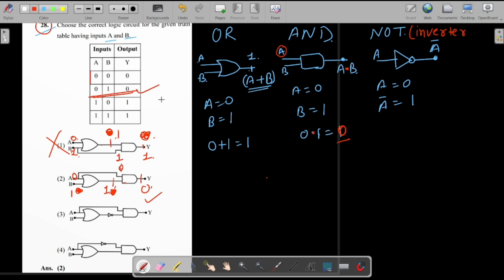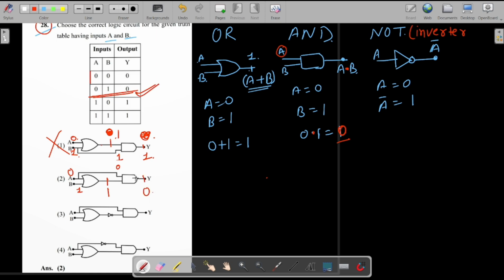Yes, it gives 0. Next row, A is 0 and B is 1: the OR gate gives 0 plus 1 is 1, and the product of 0 and 1 is 0, so the result will be 0.